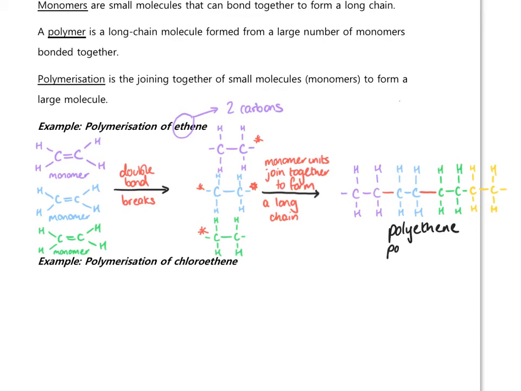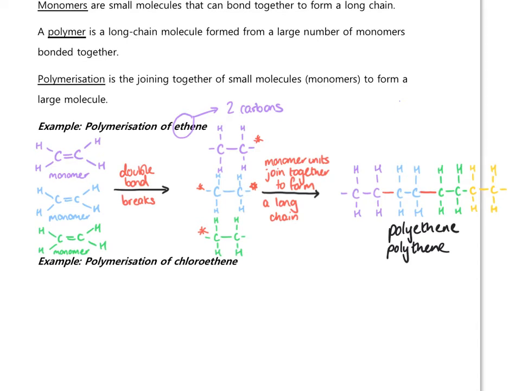Sometimes that's abbreviated down to polythene, which you may be familiar with is probably one of the most common plastics. It's used in packaging, it's used in plastic bottles and so on. So this chemical reaction is actually a really, really important industrial process that allows us to form materials that we use in our everyday lives.